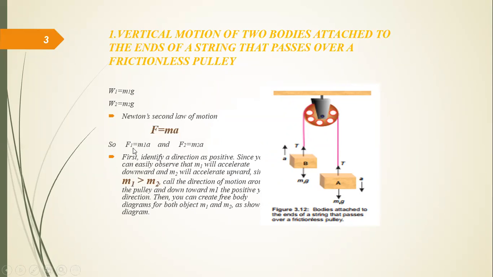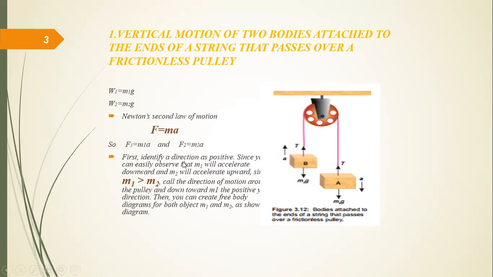So F1 is equal to m1a and F2 is equal to m2a. F1 equals m1a is Newton's second law of motion for block A, the first block, and F2 equals m2a is Newton's second law of motion for the second block, block B.